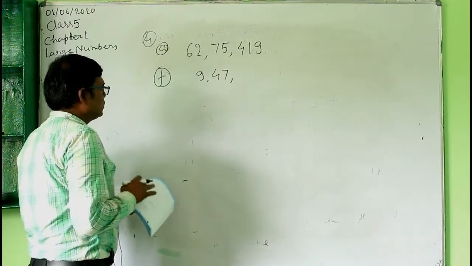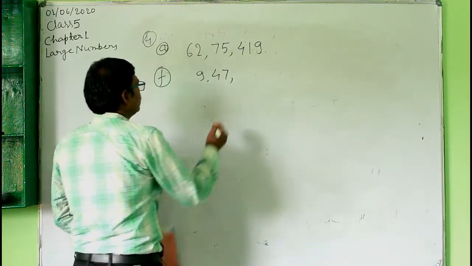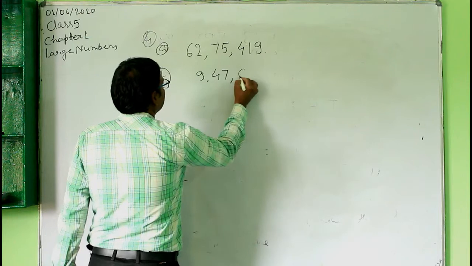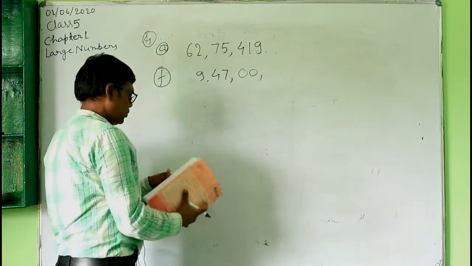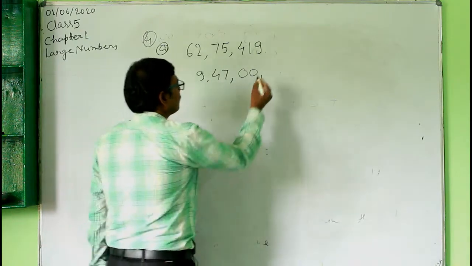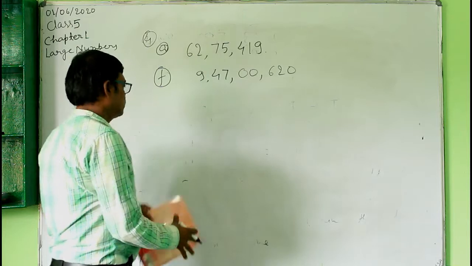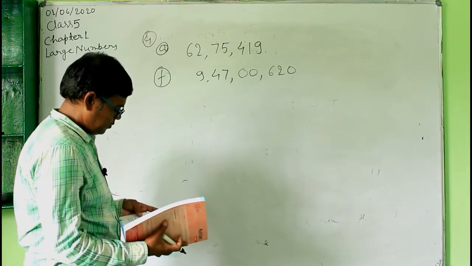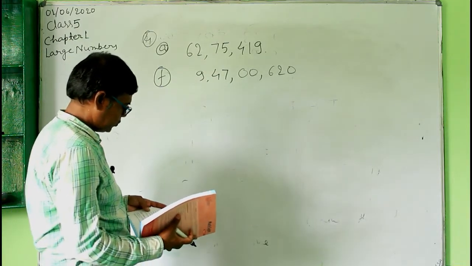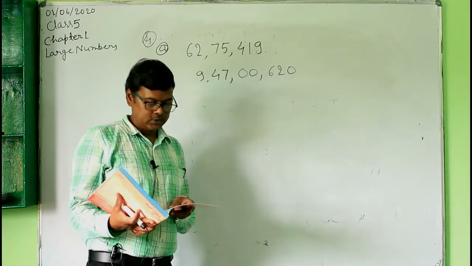Now see that in this number, thousands are not there, so we will put 00 here. 9 crore 47 lakh, this 00 in this case, and then 620. So this is the answer of question F, and in between there are other questions also. So you will solve the others yourself, and that is your homework.